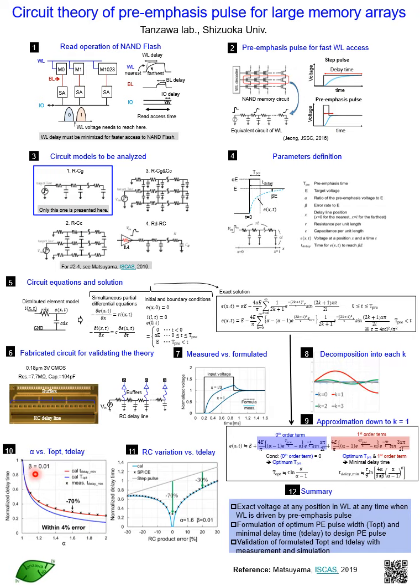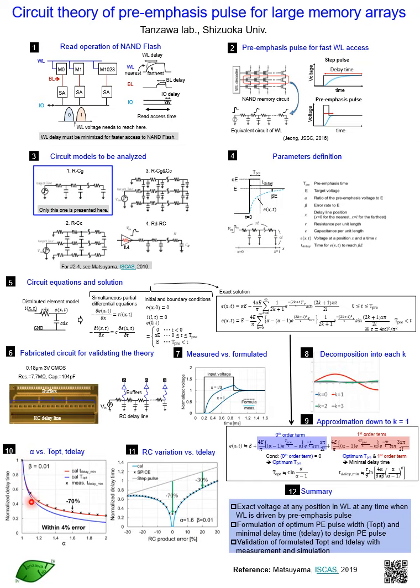This is a beta of 0.01, 1% delay time. In this situation, if you apply the alpha of 1.6, then your word line delay time can be reduced by 70% in comparison with the step pulse case, because alpha equals 1 indicates a step pulse.